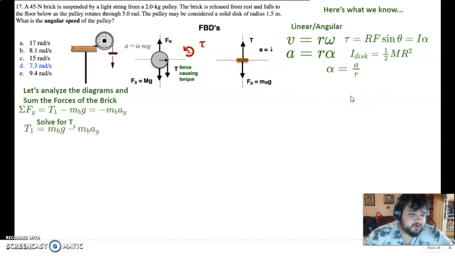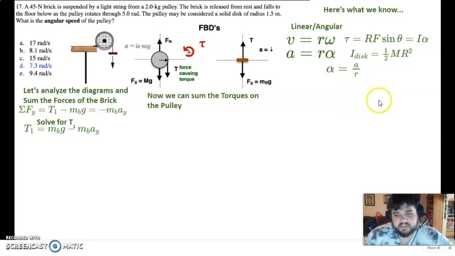So we can solve for the first tension symbolically by setting up T1 and manipulating the equation: T1 is equal to the mass of the brick times gravity minus the mass of the brick times the acceleration in the y direction. But we don't have the acceleration yet, so we're going to get to it by plugging in some more information.